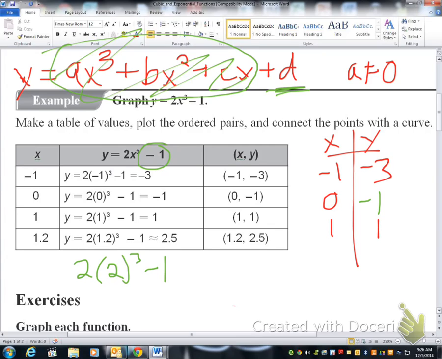I mean, think about it this way. Let's look at a table of squared values.